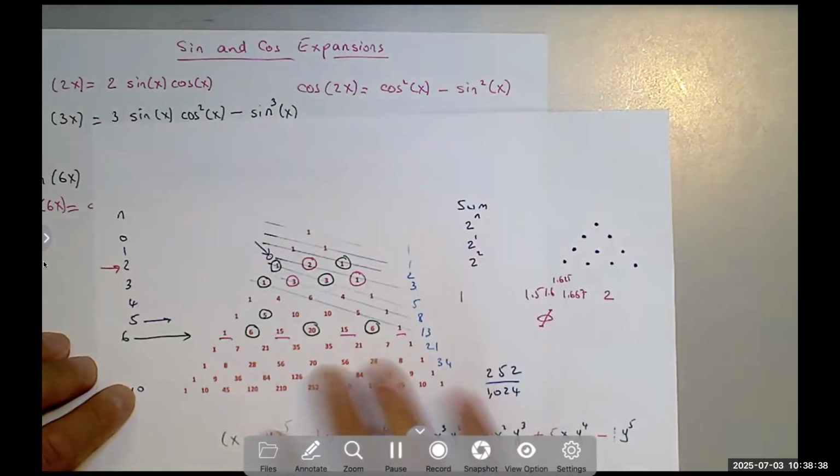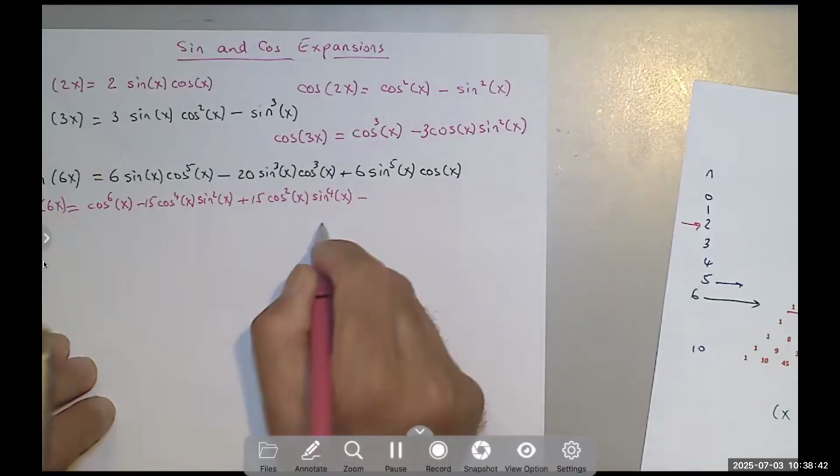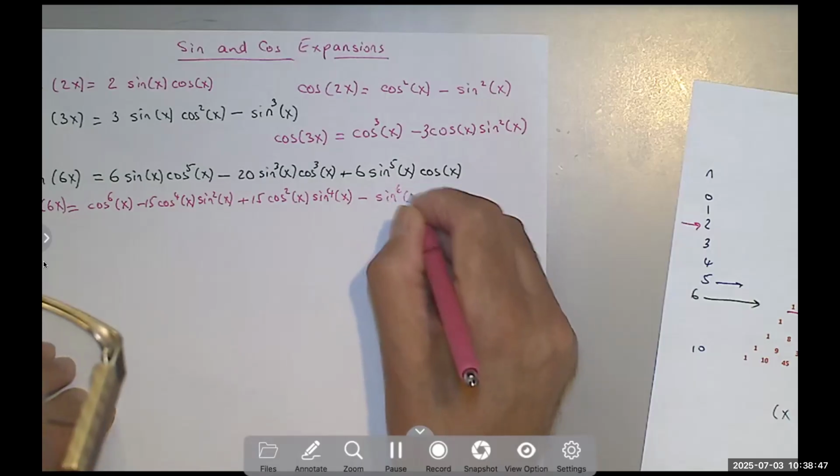And finally a 1, so minus, there is no cosine because I'm going to subtract 2, and all of them are sines, sine to the 6th of x.